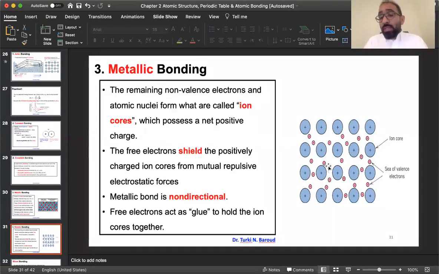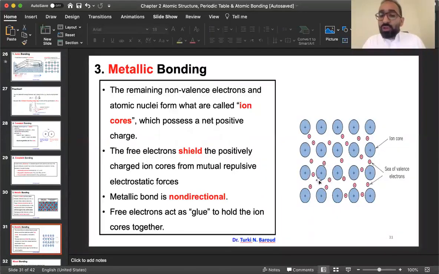Why? Because those negative charges surrounding each positive core will try to shield the positive charge. The free electrons outside try to shield each positive core. Otherwise, those positive cores would try to push away from each other.